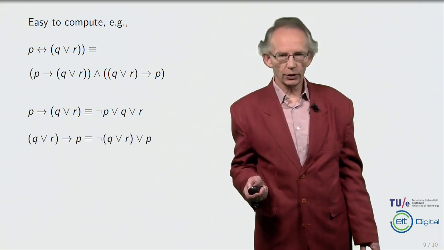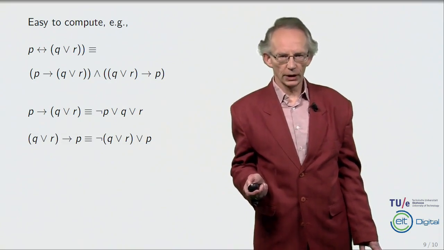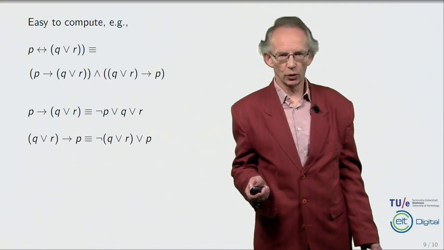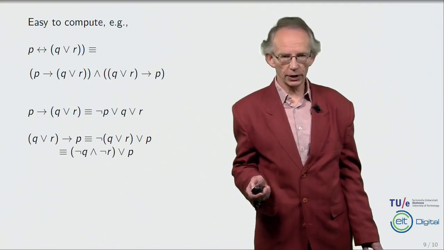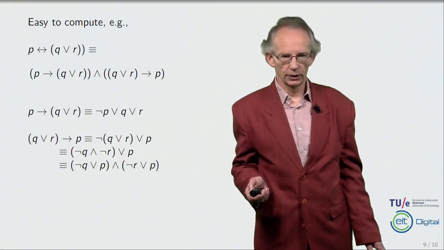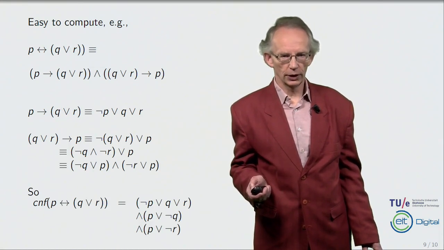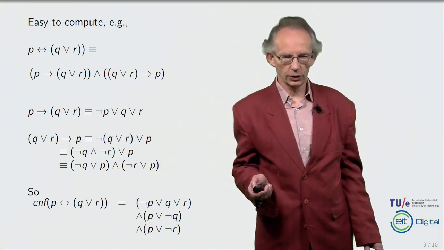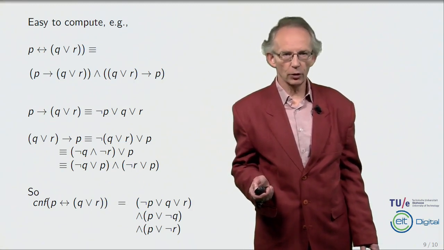And the other direction, Q ∨ R → P, is equivalent to ¬(Q ∨ R) ∨ P. By De Morgan rules, it can be written in this way, and by applying distributivity, we get these two clauses. So we conclude that the CNF of this small formula consists of these three clauses. And in this way, we can do all these computations.